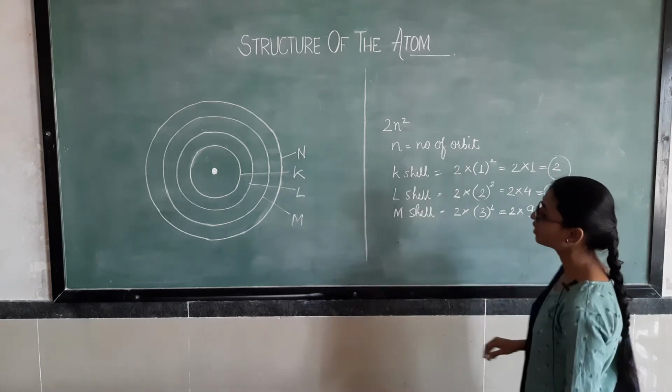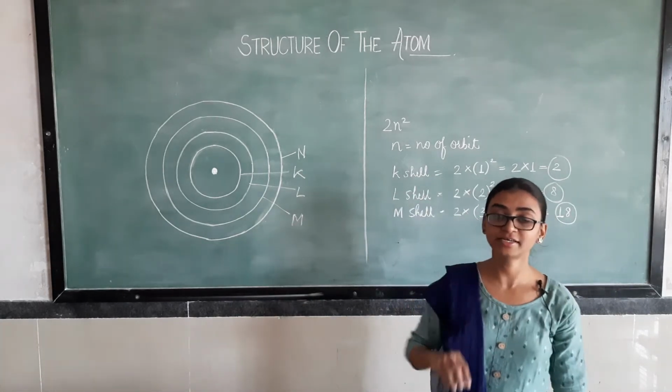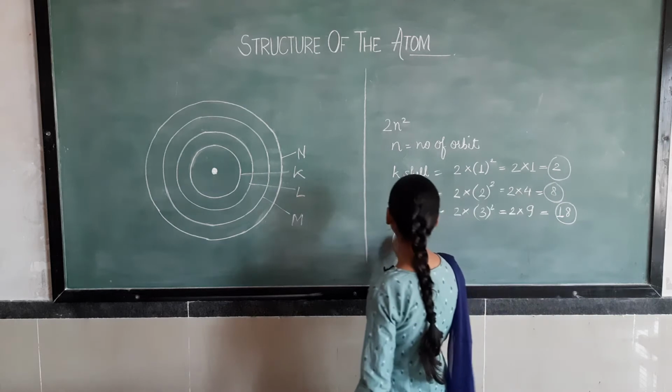From here we can conclude that the M shell will accommodate 18 electrons.